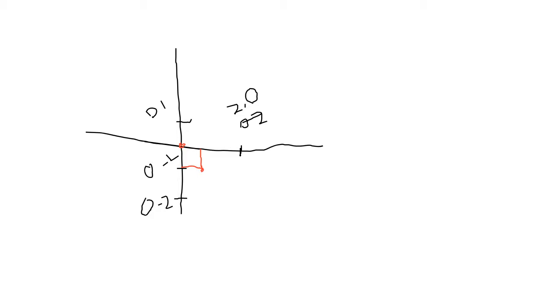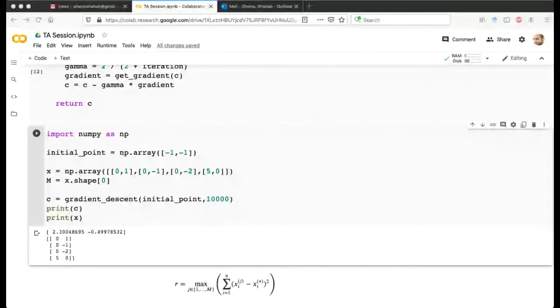So if I put 2, then the answer should be (-0.5, -0.5). Does it make sense? Yes. Good. So I think we are done here.